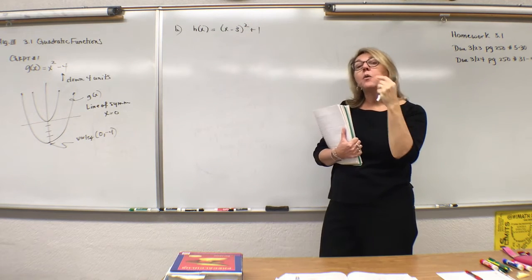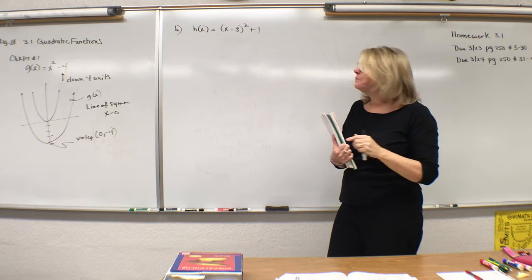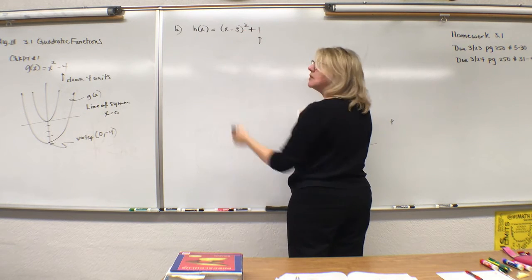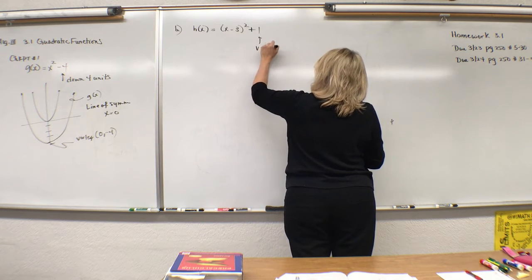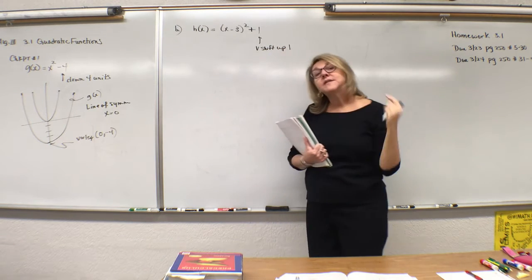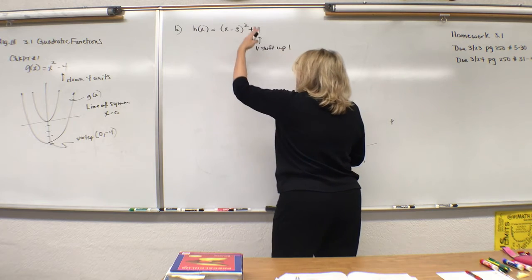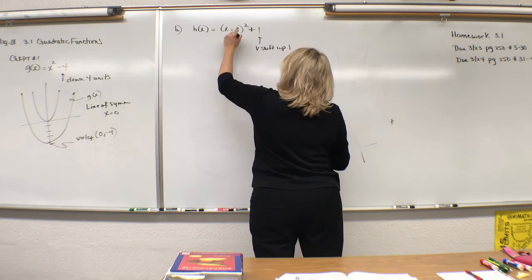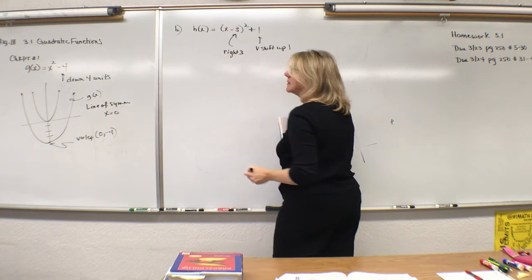Here we've got both a horizontal shift and a vertical shift. Now remember, vertical shifts go in the logical direction of the sign. So this is a vertical shift up 1. However, the horizontal shift, remember the 3 is considered positive and this is a minus 3 or a subtraction of 3. So here we're going to actually go right 3 units.